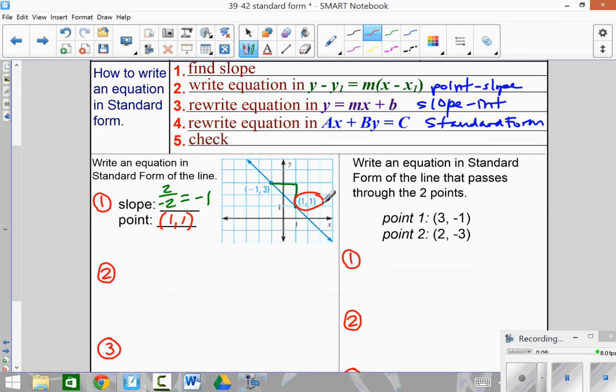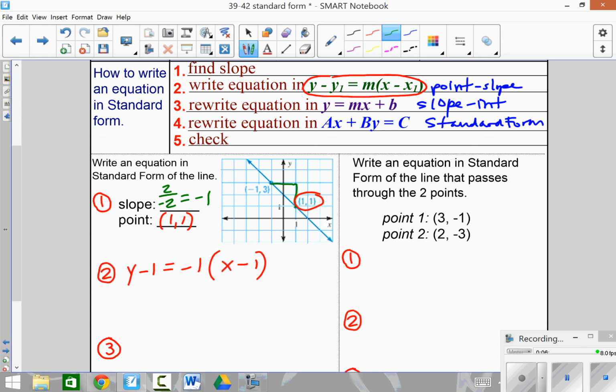So let's go ahead and plug in our point and our slope into our point slope form. So we're going to get y minus our y1, which is 1, equals m, which is negative 1, parentheses, x minus my x1, which is also a 1. Lots of 1's happening here. And all I did here is I just plugged in my point and my slope into my point slope form.